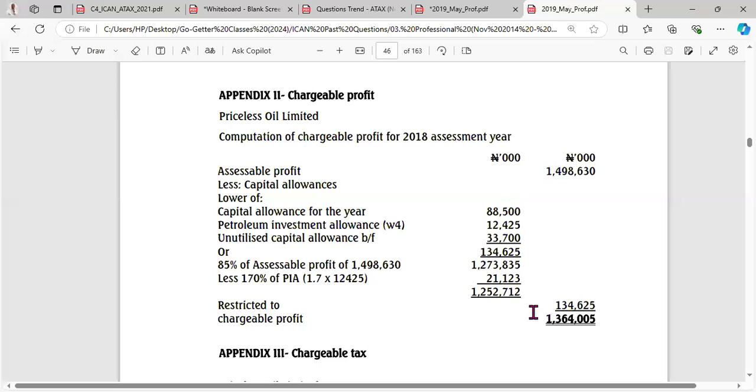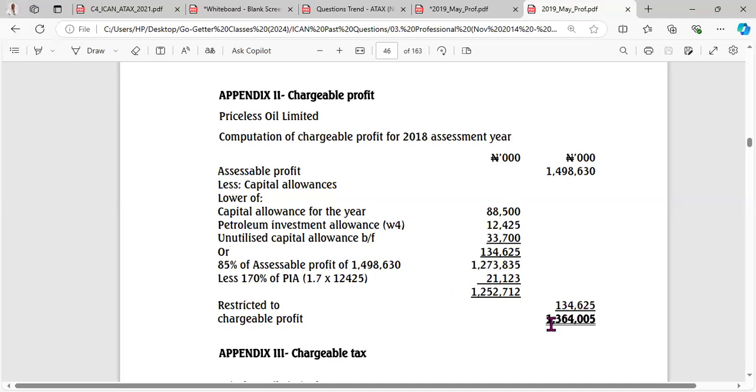So their capital allowance is 21,123, restricted to 134,625, yes.